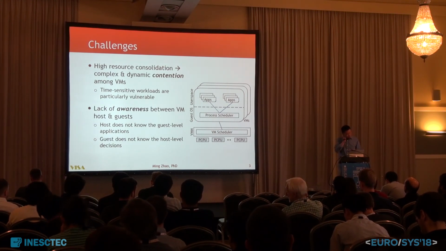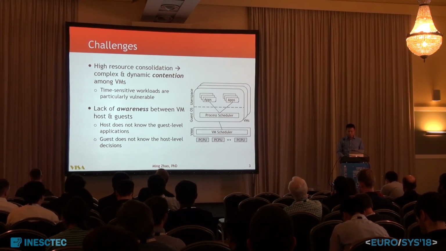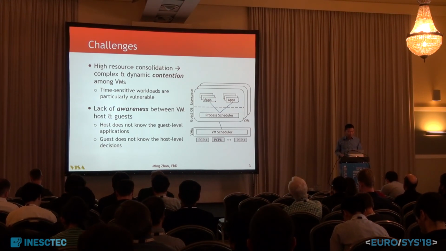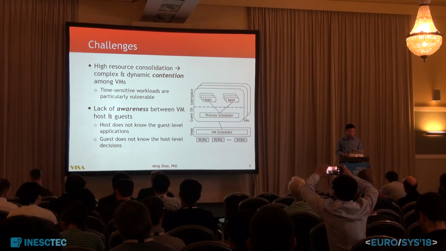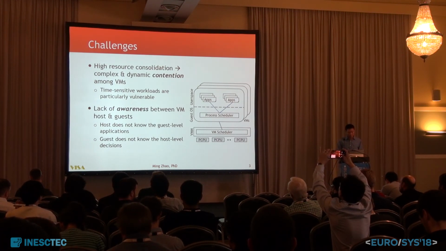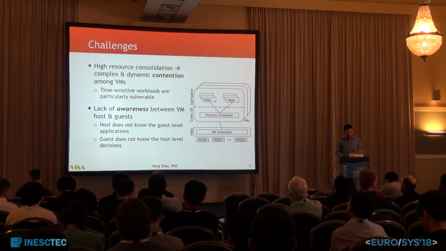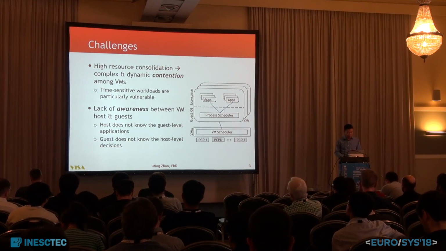What makes this problem more difficult for the resource management system is that there's a lack of awareness between the virtual machine host and the virtual machine guests. To be more specific, the host does not know what kind of applications are running in the guests and what their requirements are, and the guests do not know the resource management decisions made by the host.